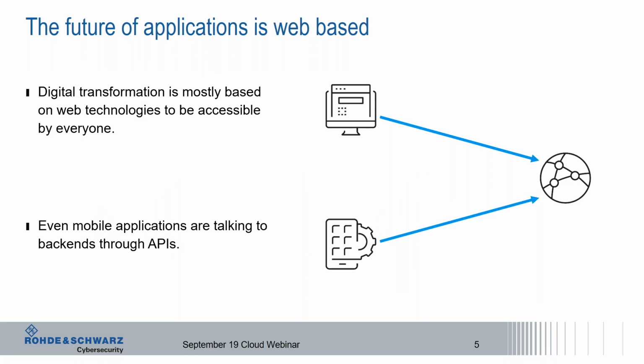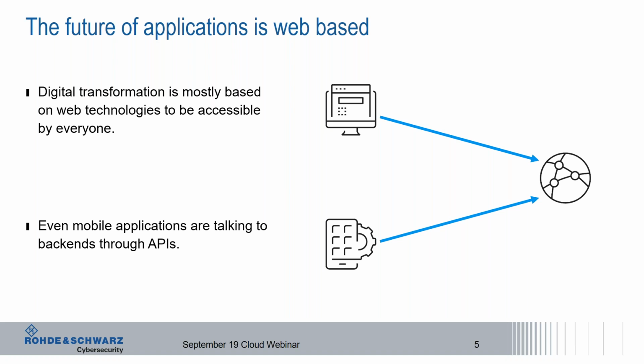So the future of the application is web-based. Most of the applications use web technologies in order to be accessible by everyone. And even if, in some cases, we think that an application is not web-based, let's take an example. If I develop an application for iOS, it's not a website, it's an application, but in some cases, this application is based on web technologies.